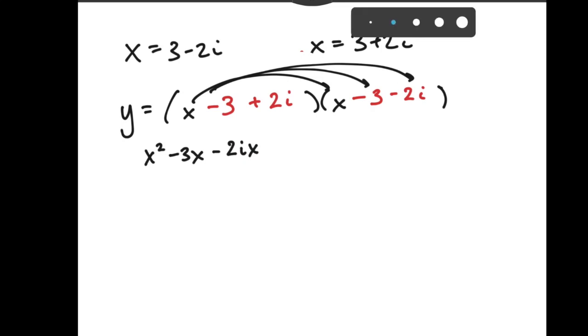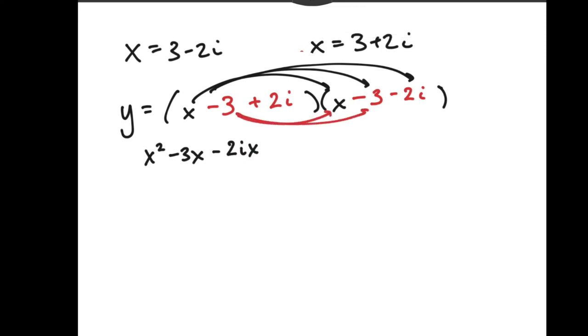Now I'm going to distribute the -3 to each one. -3 times x will be -3x. -3 times -3 is +9. -3 times -2i is +6i. And this is getting a little messy.